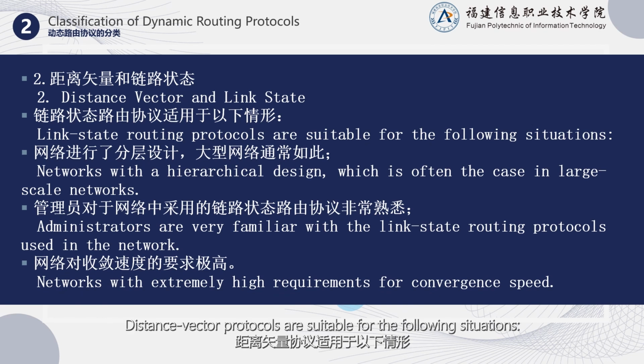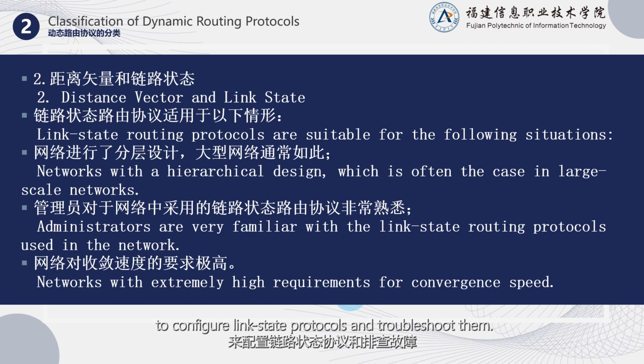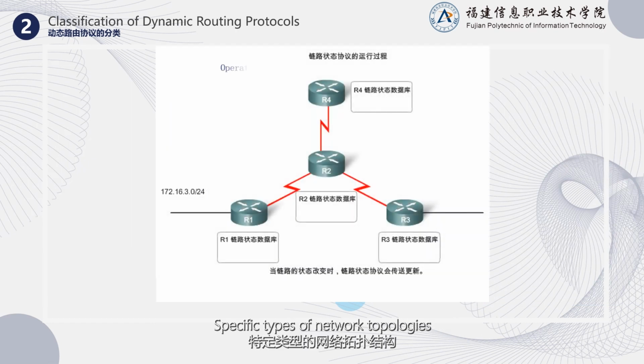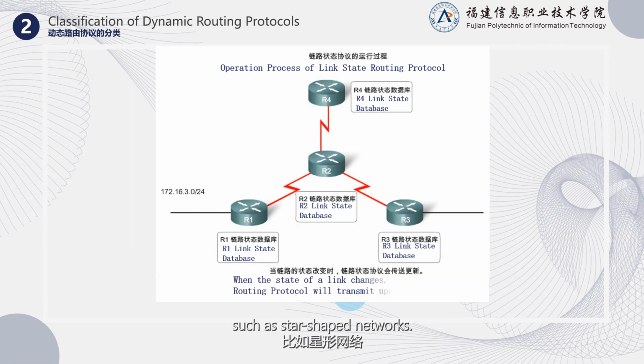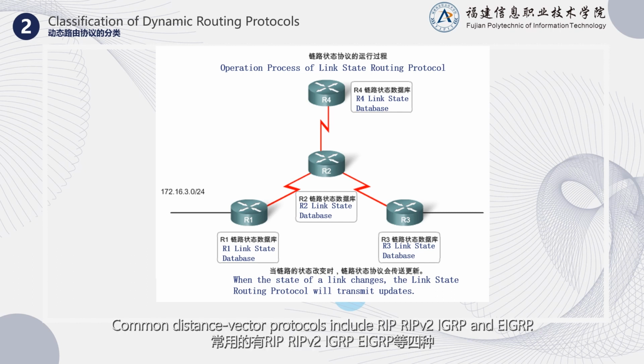Distance vector protocols are suitable for the following situations: a simple and flat network structure without the need for special hierarchical design; administrators lack sufficient knowledge to configure link state protocols and troubleshoot them; specific types of network topologies, such as star-shaped networks; no need to focus on convergence time under worst network conditions. Common distance vector protocols include RIP, RIPv2, IGRP, and EIGRP.